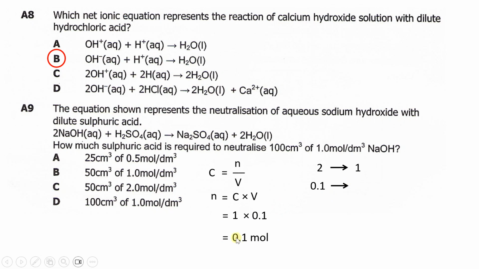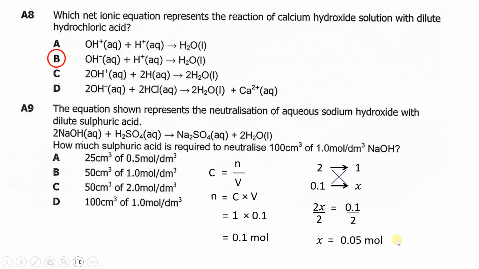Here we want to know, if you have 0.1, how much will be needed of this. So put x here, then we cross multiply: 2 times x is 2x, equals 0.1 times 1, which is 0.1. Now we want x, so we divide by 2 on both sides, so that x is 0.1 divided by 2, which is 0.05 moles.